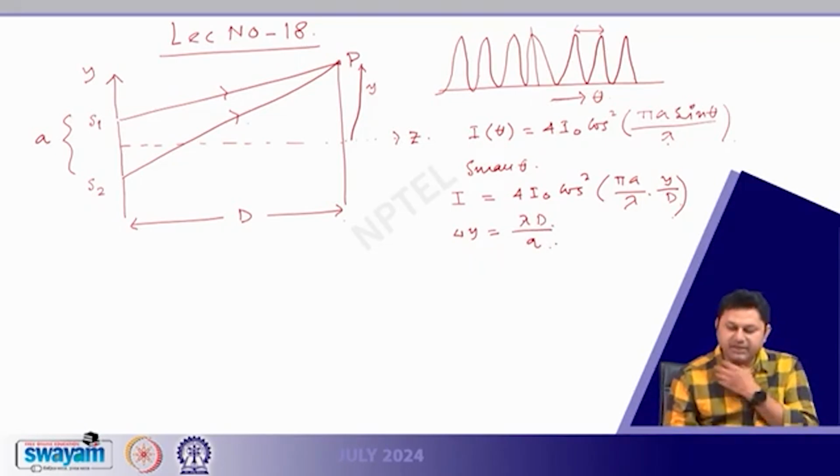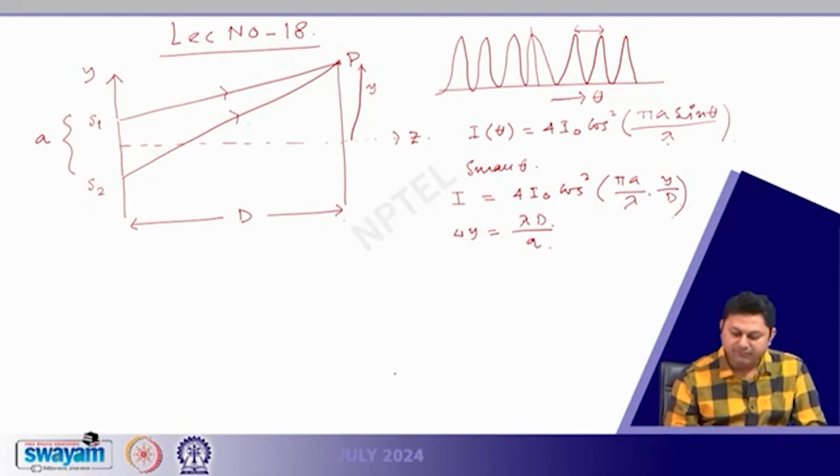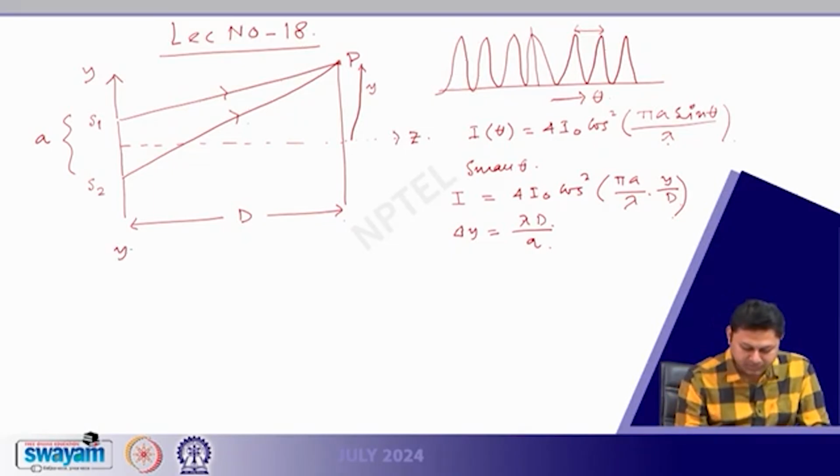So if the values of a, lambda and D are given, one can find the fringe width for this system, the Young's double slit experiment.